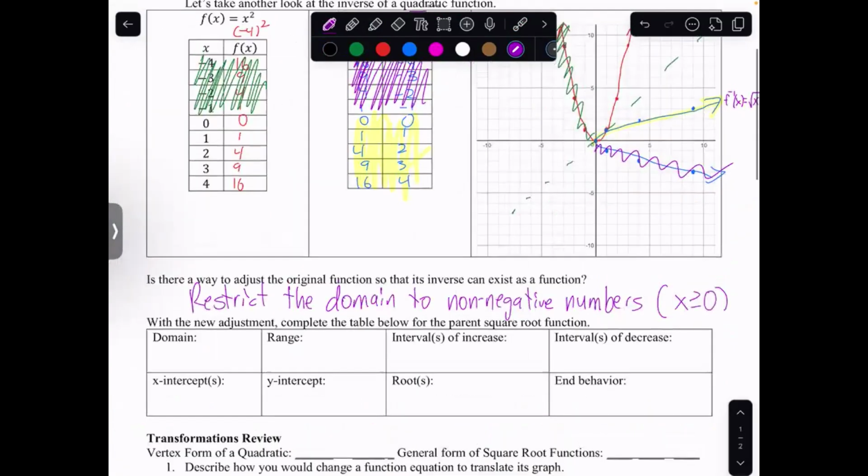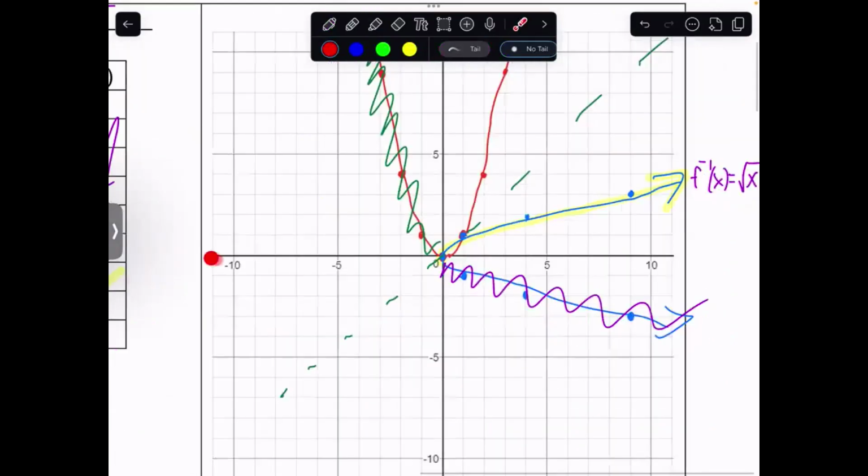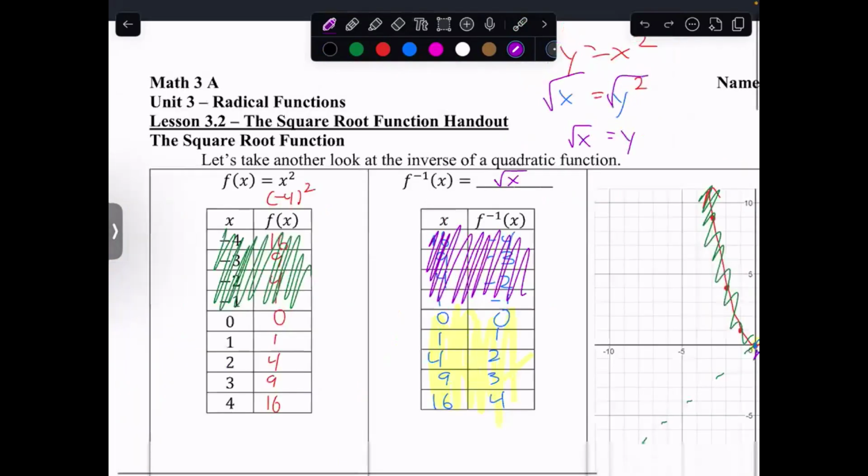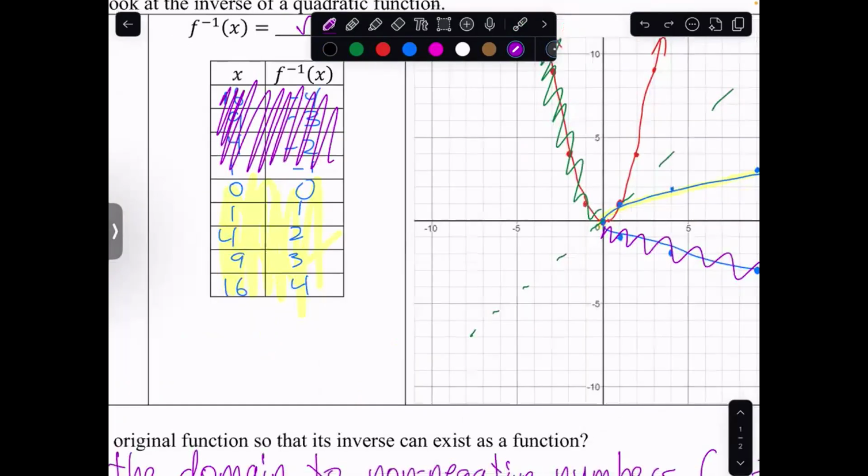Okay, so the key features for this domain of the square root function. Notice the graph never goes forever to the left, right? (0, 0) is the furthest left you can go, because if you were to plug in, say, -1, the square root of -1 is not real. So we can't go into the negatives, but we can use 0 itself.